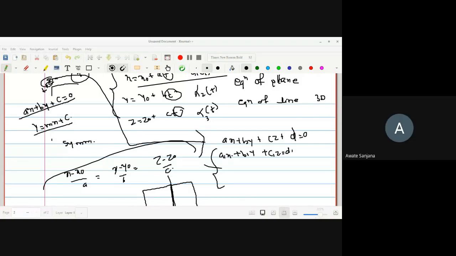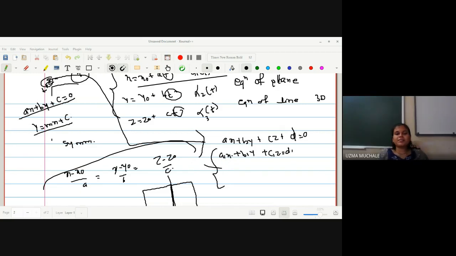x minus x naught divided by A is equal to y minus y naught divided by B is equal to z minus z naught divided by C. This is the symmetric form of the equation of a line. I'm not asking you for the symmetric form in general. Here you see, this is the symmetric form, where I wrote x minus x naught divided by a, y minus y naught divided by b, z minus z naught divided by c.